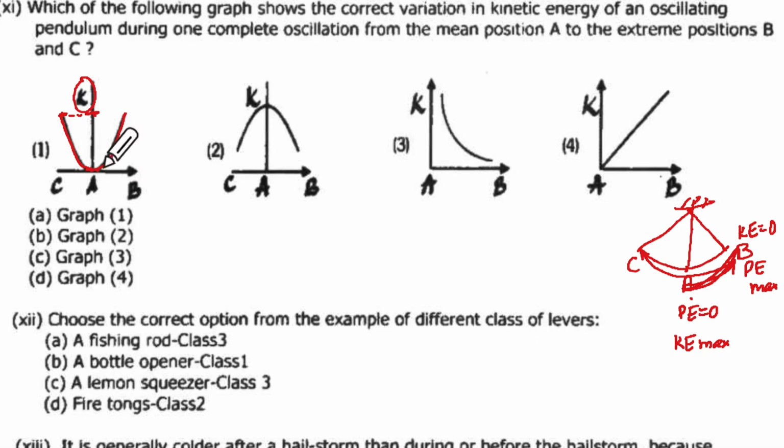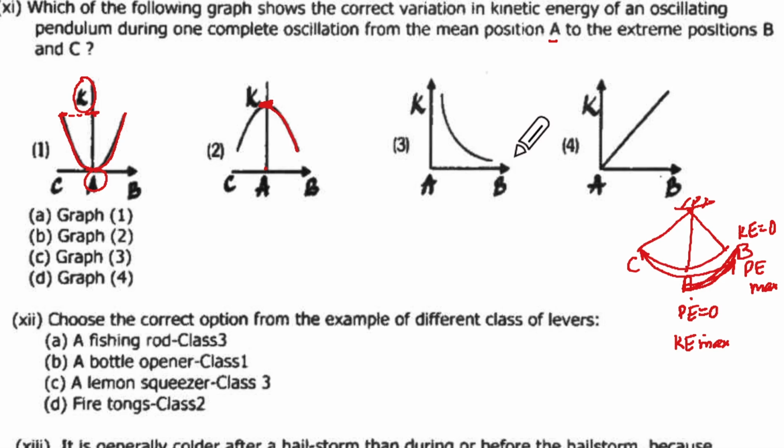One minute. One second. They said mean position is A. So A is mean position. At mean position, at A it should be maximum here, right? Yes, sir. So this is your maximum kinetic energy, and then it is going from maximum to minimum, correct?